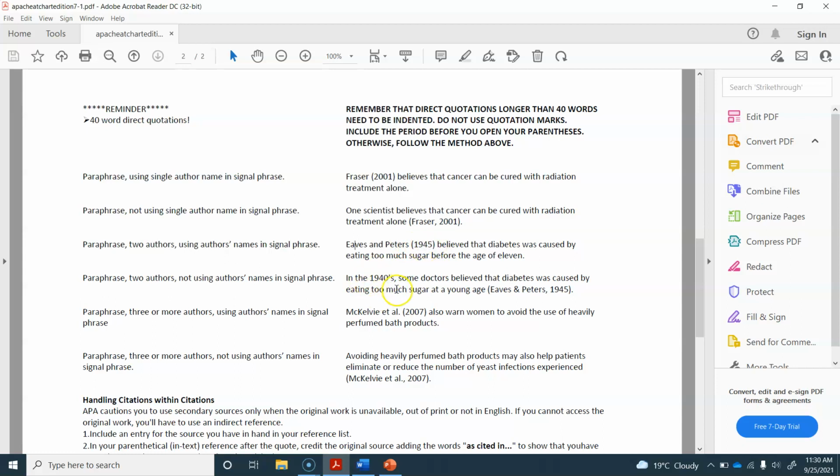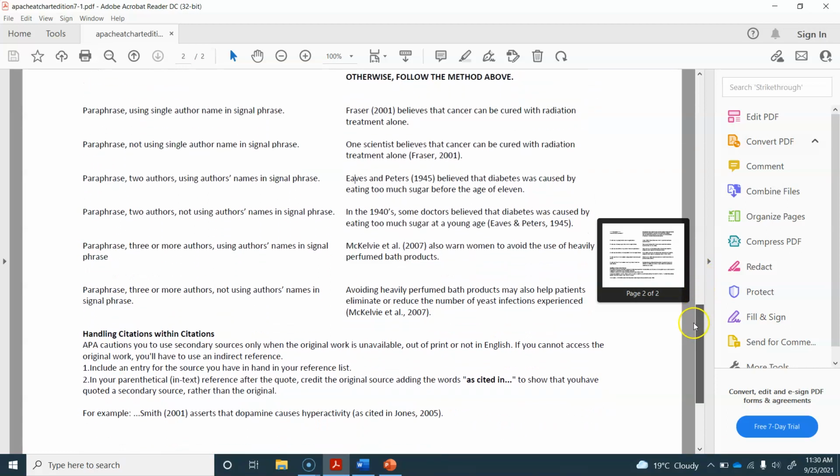But if I'm not using their name in the sentence, I'm going to put it all in a big long bracket at the end, just as I did before. I'm going to put in the first author's name, space, ampersand, the second author's name, comma, and then the year of publication. Same thing, okay, same rule. If you're paraphrasing for 3 or more, you're going to use that et al. shortcut.